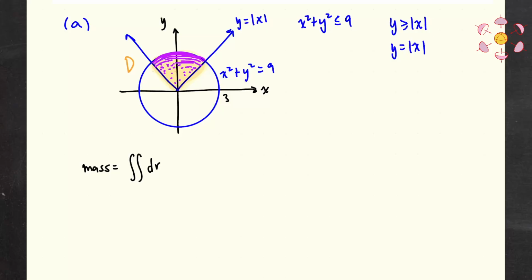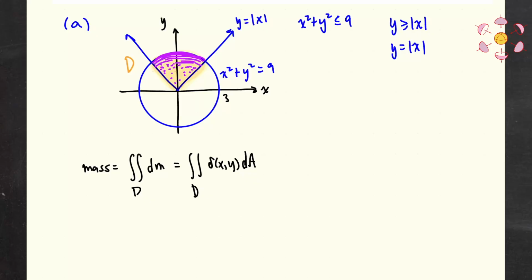It's the double integral of your tiny bits of mass over, in this case, the domain of integration, this lamina. Okay, but what is mass? Mass is density times geometry. Density times geometry, in this case, is the density, delta, times area.